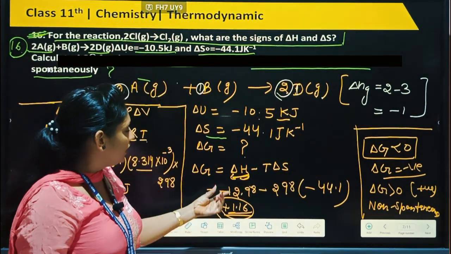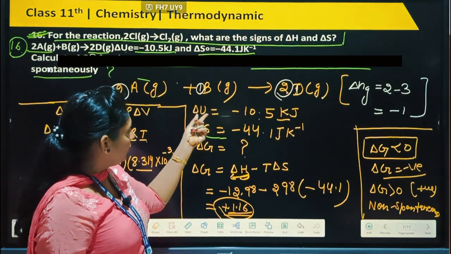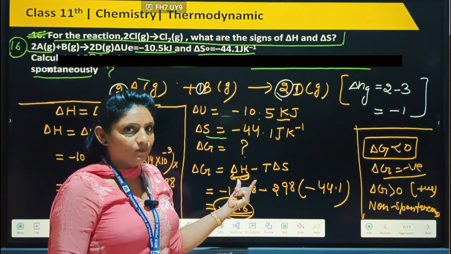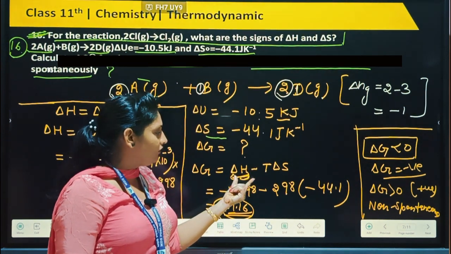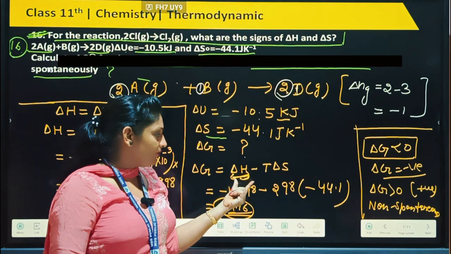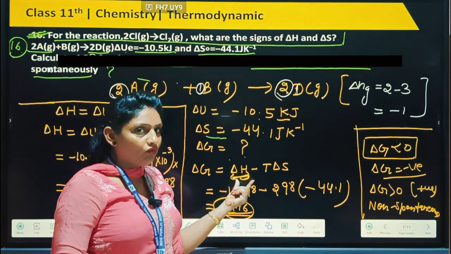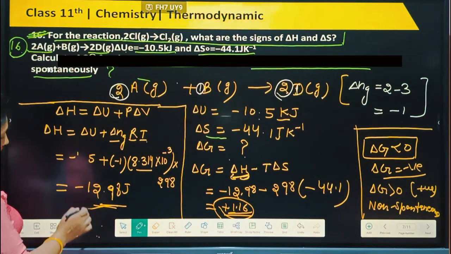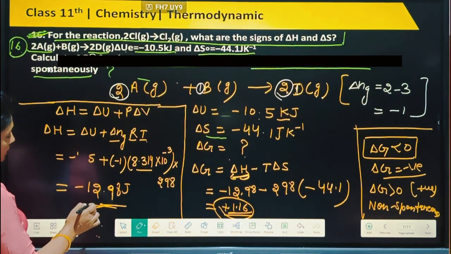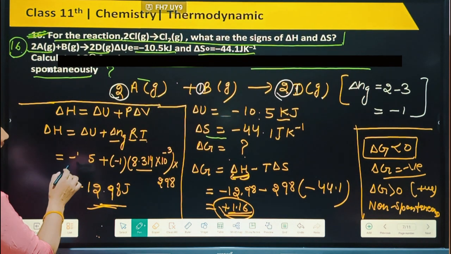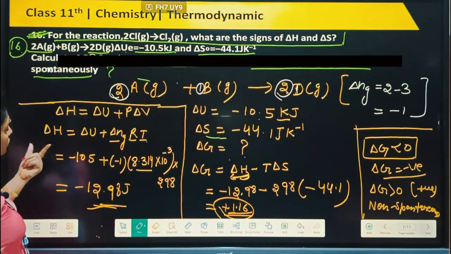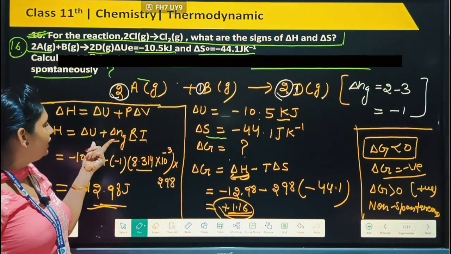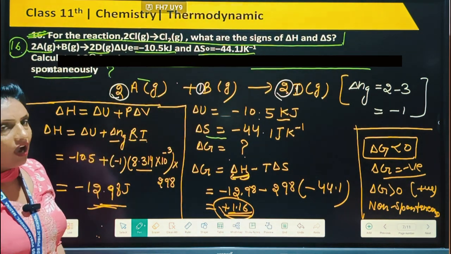So students, here we know the value of del U and del S only. We don't know the value of del H. So first of all, we need to calculate the value of del H. How can we calculate? Now we will see the relationship between del H and del U. Here the relation is del H is equal to del U plus del Ng RT.